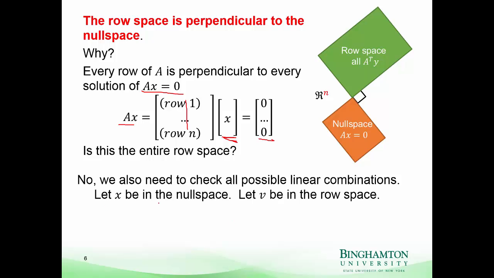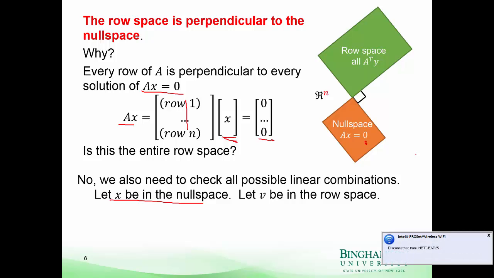So let's do that. Let x be in the null space. In other words, x is any point in this null space. And when we say any, we're not just saying this is going to hold for one special one. What we're really saying is this will hold for every possible vector in the null space. So let x be any vector in the null space.